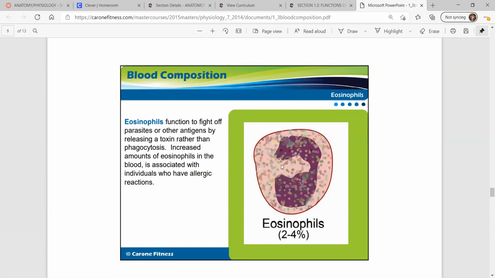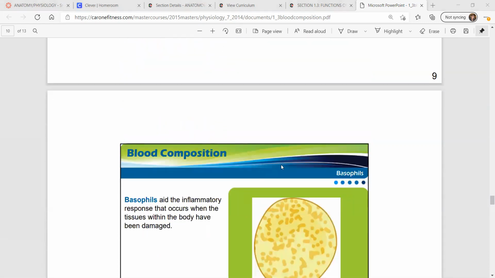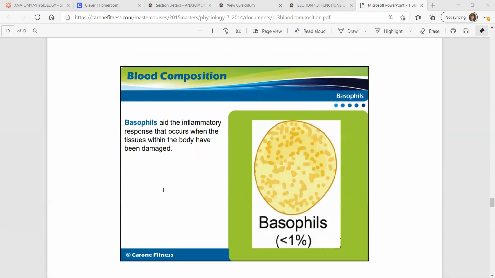Increased amounts of eosinophils in the blood is associated with individuals who have allergic reactions. Basophils aid the inflammatory response that occurs when the tissues within the body have been damaged.